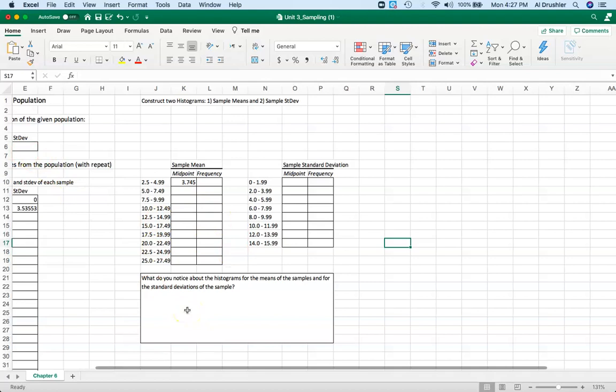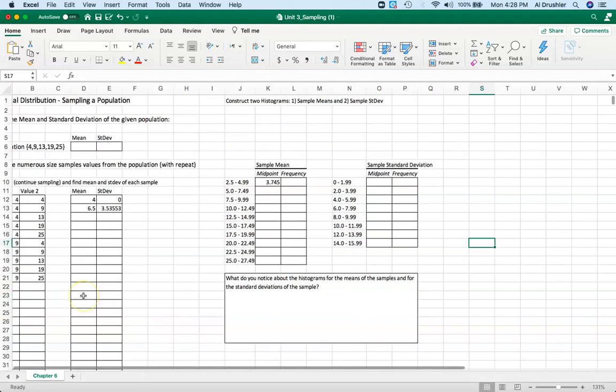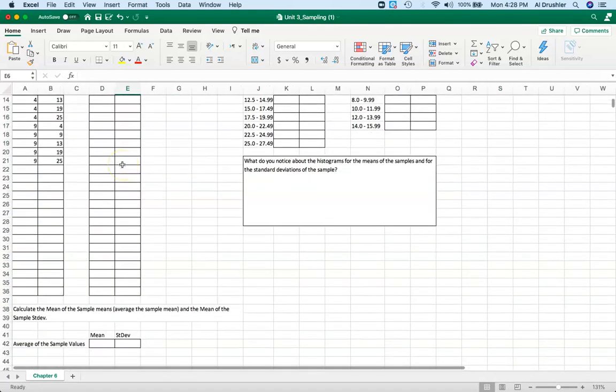When we describe histograms, we're looking at the shape: normal, skewed, things like that. Where are the higher frequencies? Where are the lower frequencies, compared to the mean? You can get the population mean and the population standard deviation.